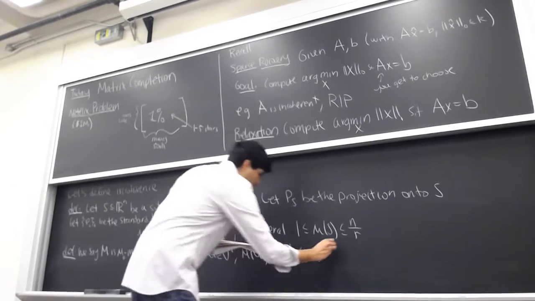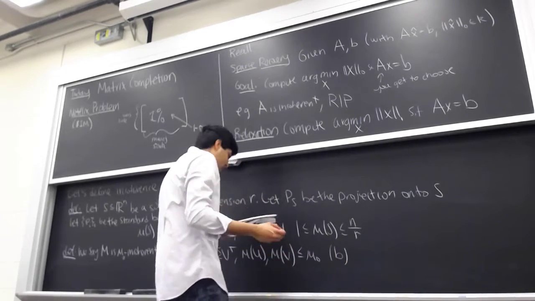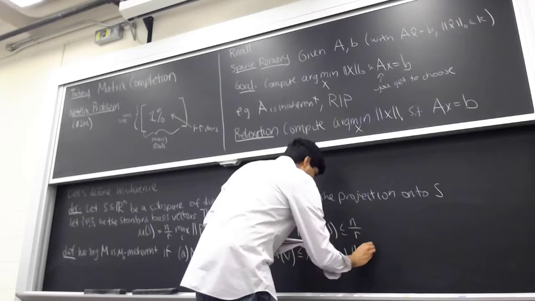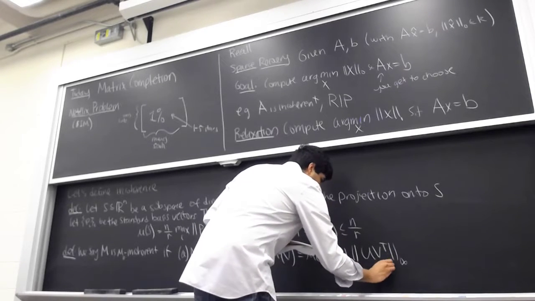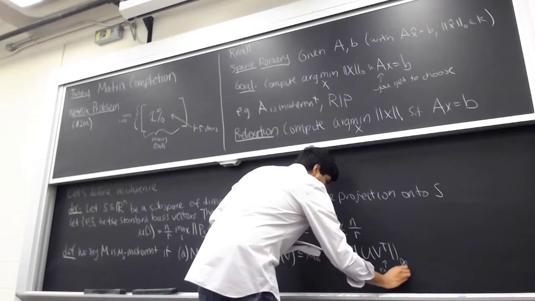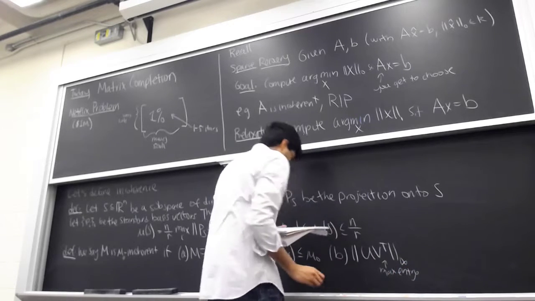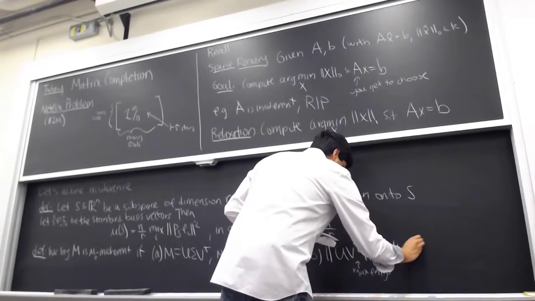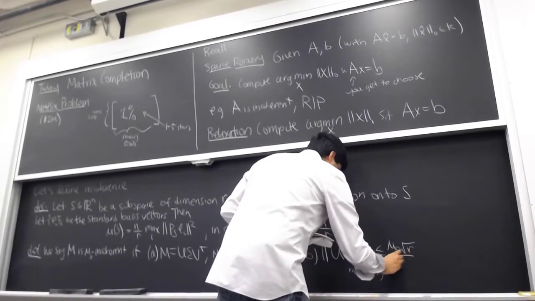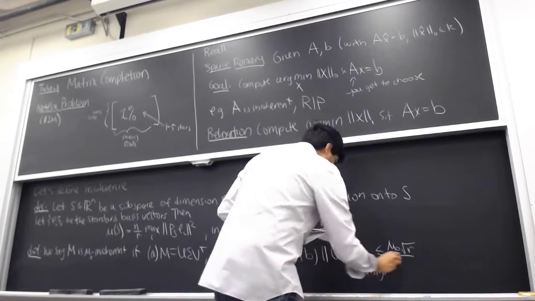And then finally, the last condition we need, these are just technical conditions, is that when we take U V transpose and look at its max entry, we want it to be at most mu_0 times root r over n.